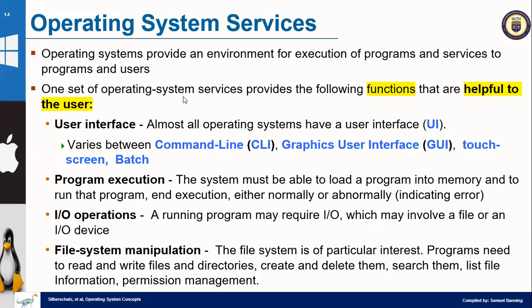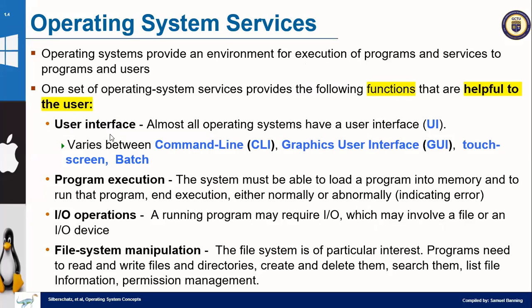Now, when it comes to the functions that the operating system performs in order to help the user, remember we have said that the operating system provides convenience for the user. And what are the functions that it performs in order to provide that convenience? The first one is that the operating system provides the user interface.